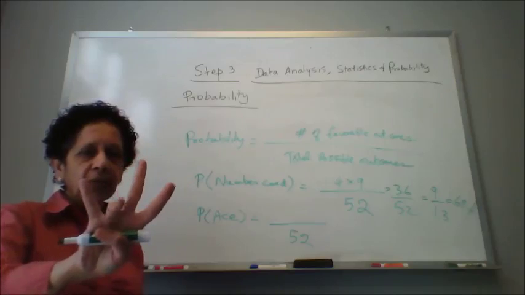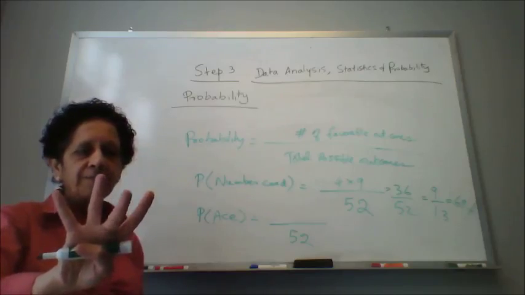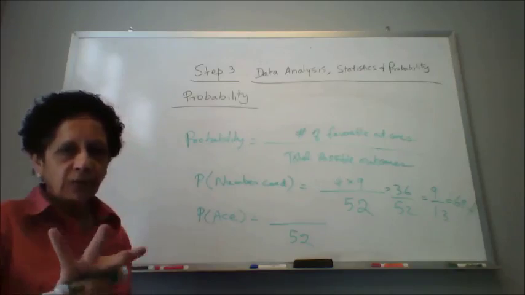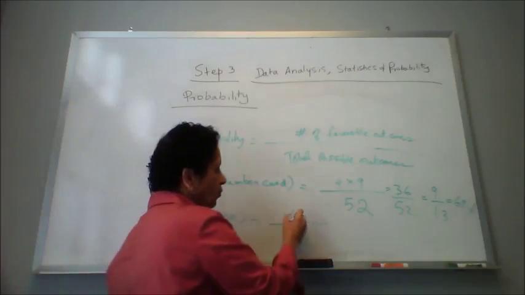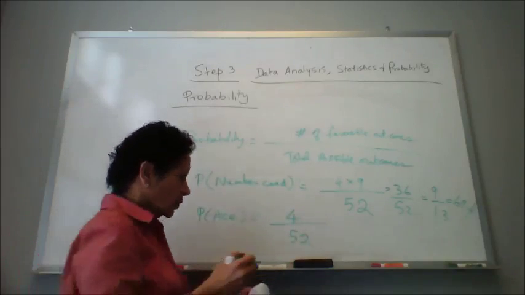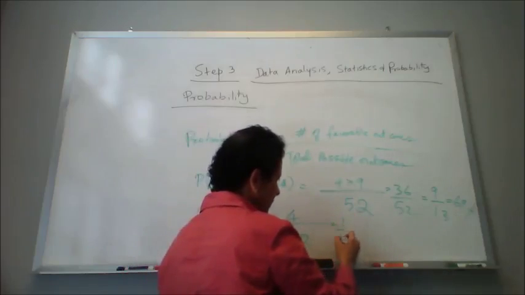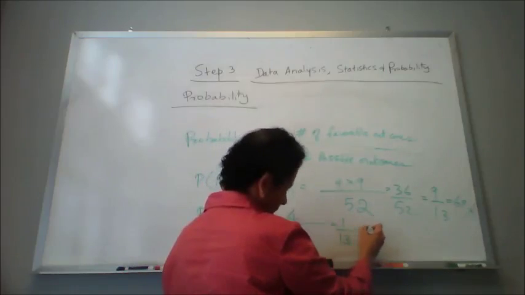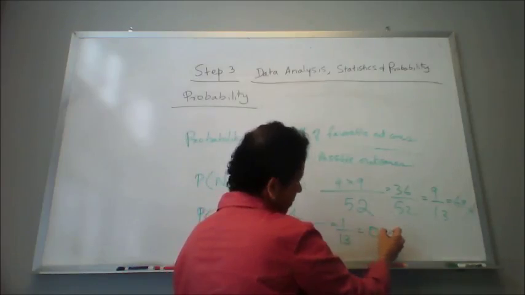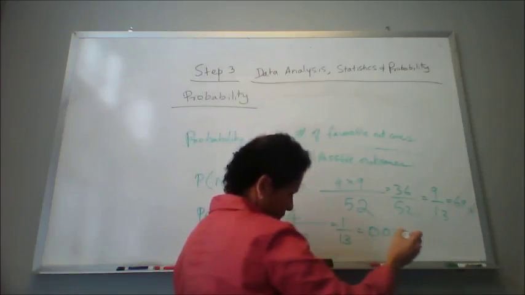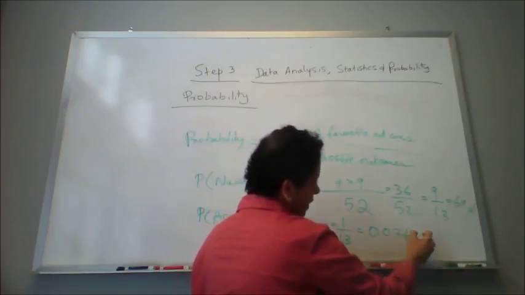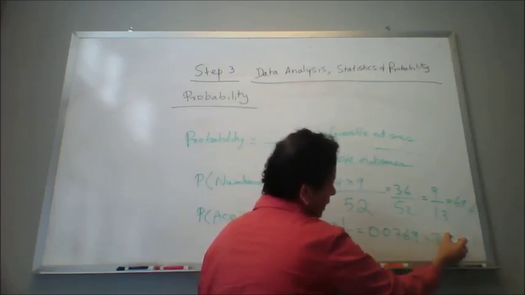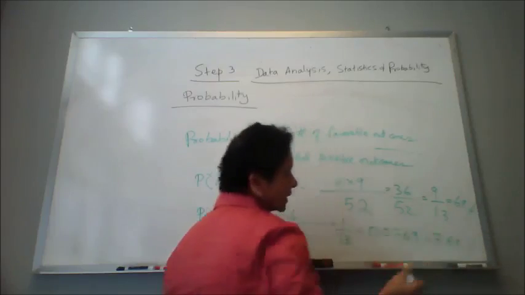Ace of diamonds, ace of spades, ace of clubs, and ace of hearts. 4 of those. So 4 out of 52. So that is 1 out of 13. Or you can write it as a decimal, 0.0769, or you can write it as a percent, 7.69%.